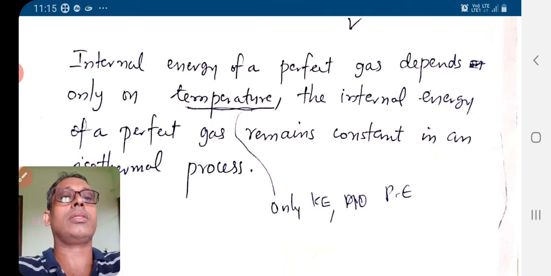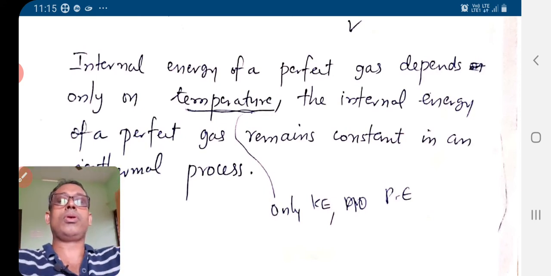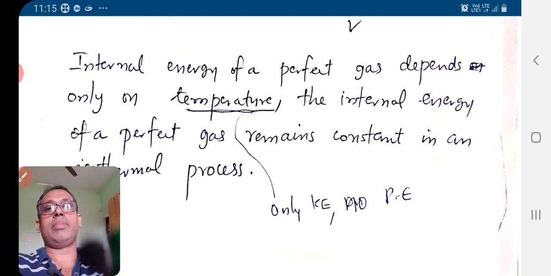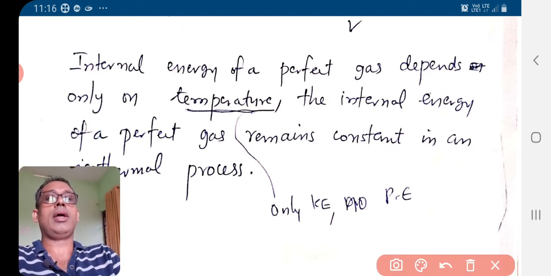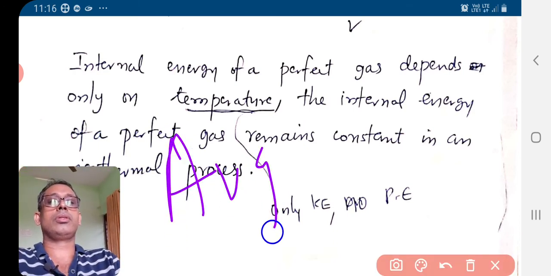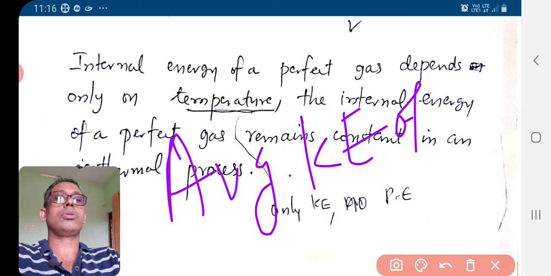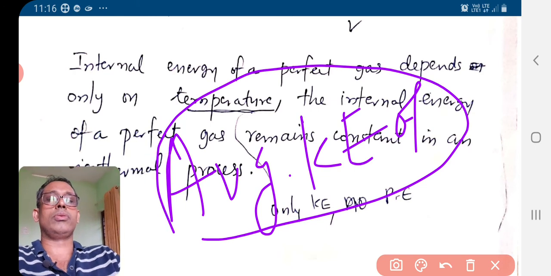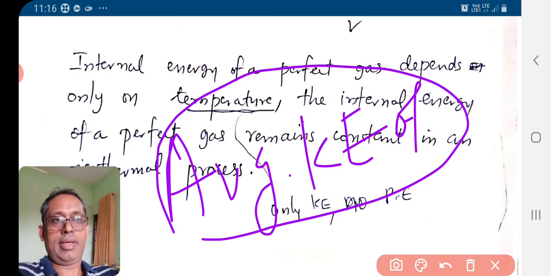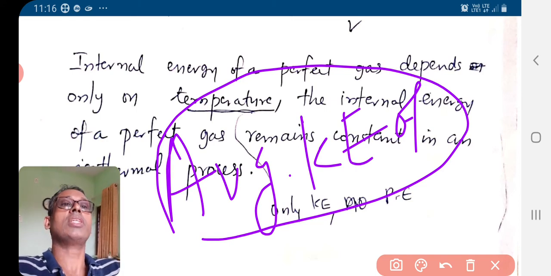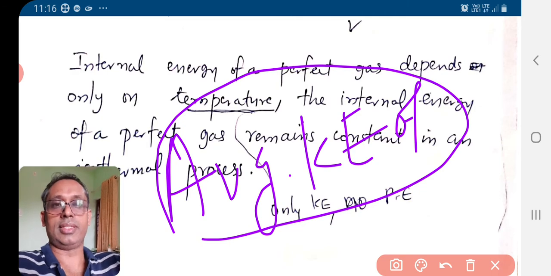Then, in the case of the perfect gas, its energy depends only on temperature. We have seen that temperature is a measure of the average kinetic energy of molecules. In the case of a perfect gas, the potential energy is 0, so internal energy is entirely kinetic energy.